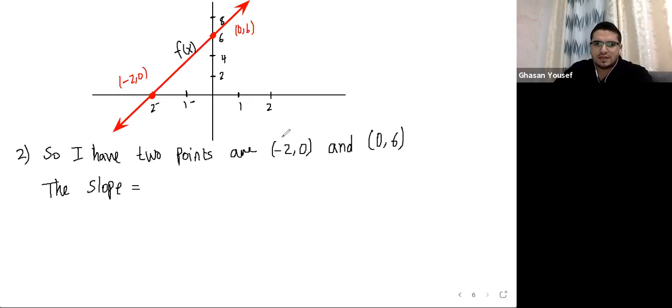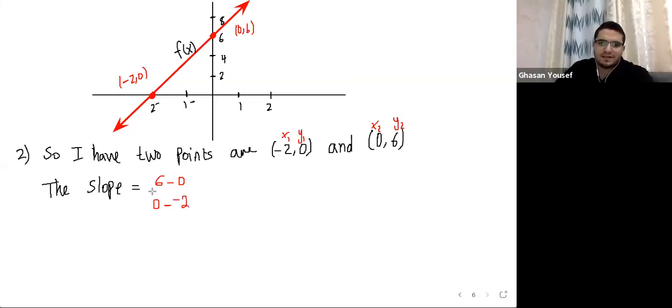So here is x1, y1, x2, y2. Now the difference of y is 6 minus 0 over the difference of x, 0 minus -2.